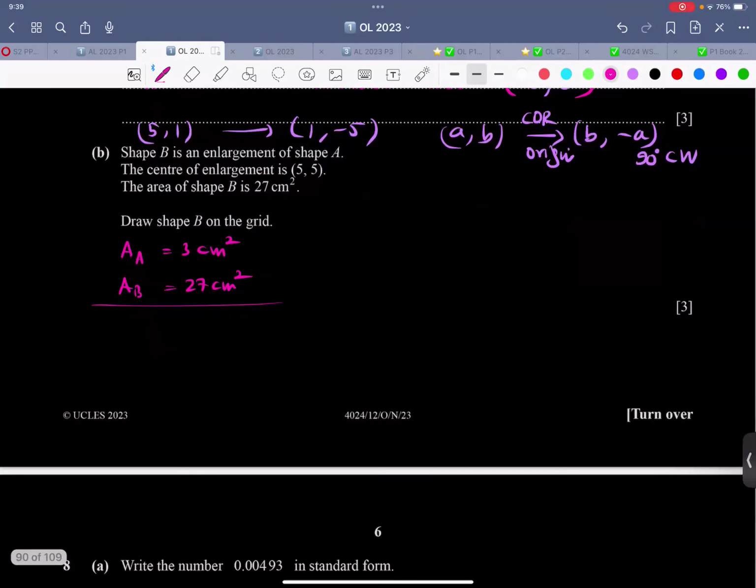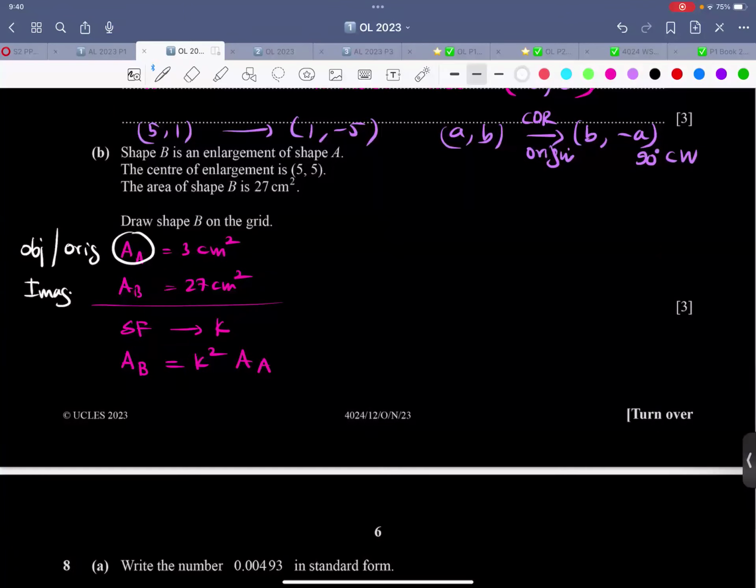That means the rule is: if the scale factor is K, the area of the enlarged shape is K squared times the area of the original. So remember, A is the original one, or you can say the object, and this is the image.